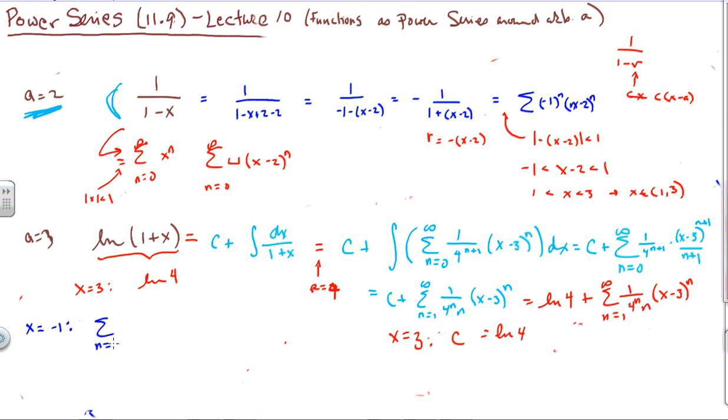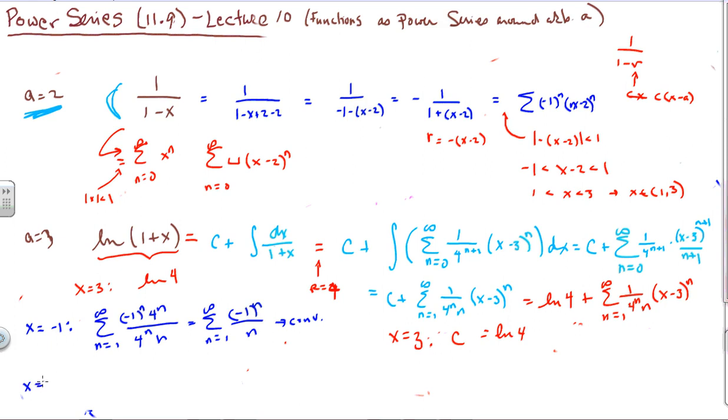When I plug in -1, I get (-4) to the n, which is (-1) to the n times 4 to the n, over 4 to the n times n, which is the sum n equals 1 to infinity of (-1) to the n over n, which of course converges, because it's an alternating series, terms going to 0.